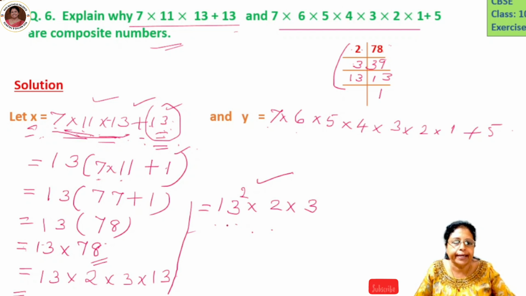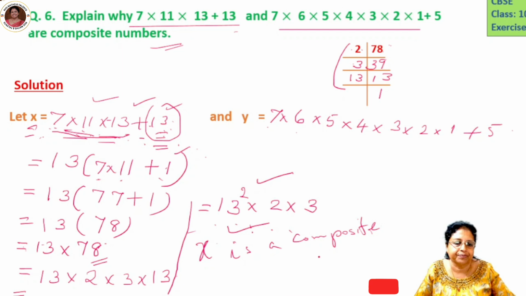So you can say this number is a composite number because it has factors other than x and 1. Have you understood? Do you remember, a composite number is a number which has factors other than that number and 1. So we can say x is a composite number.